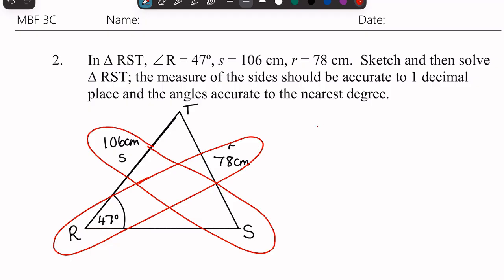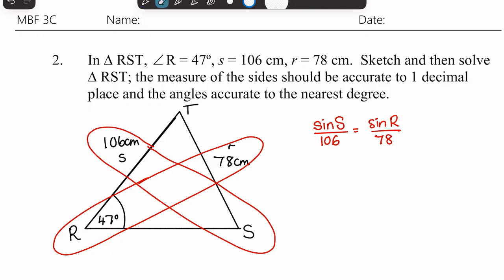So starting out with the angles, if the angles are the ones that we are trying to find, you start off with sine law upside down. So sine of S divided by side length S, 106, equals sine of R divided by side length R, which is 78.